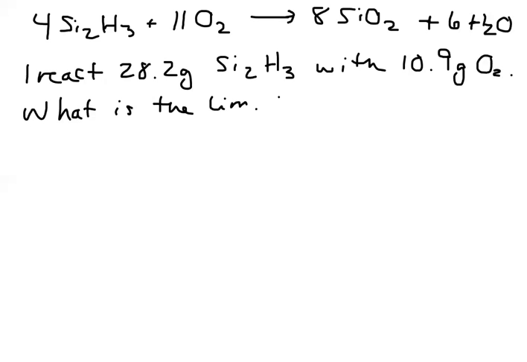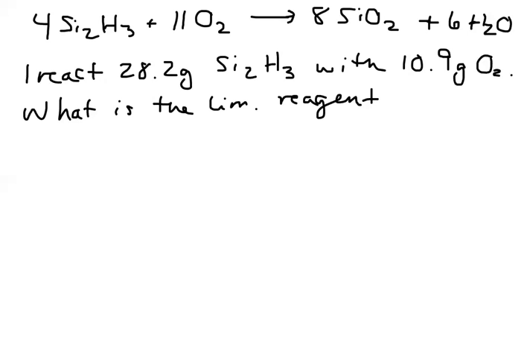Now, in this case, once again, I didn't tell you which reagent I want you to go to. So choose one and convert both of these amounts to the same reagent, okay? And you have to do that because you have to see which one will produce more.